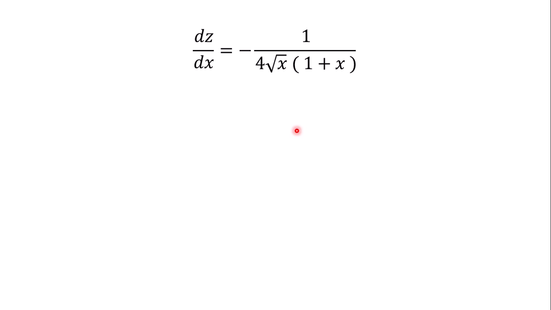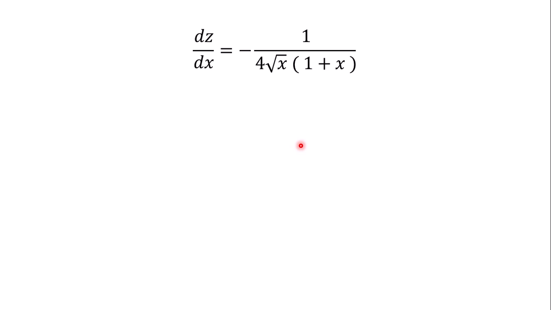What does indices have to do with differentiation? Sometimes you have to apply it to help you solve your problem. If you don't apply it, you will never get your answer. So here, what we are going to do is just recall other areas in math: radicals or surds. And what am I referring to?